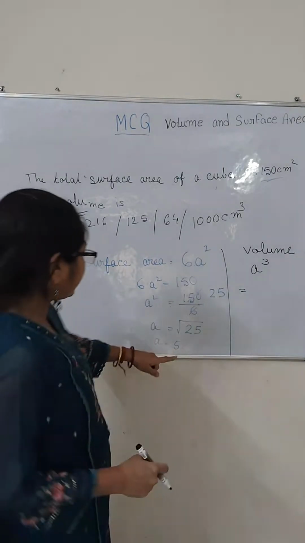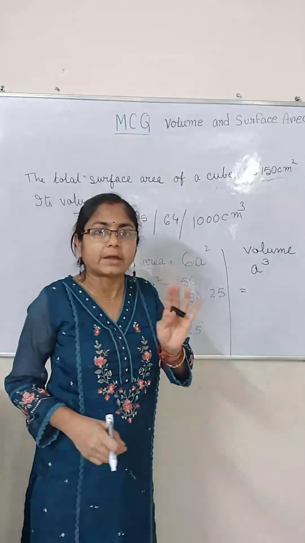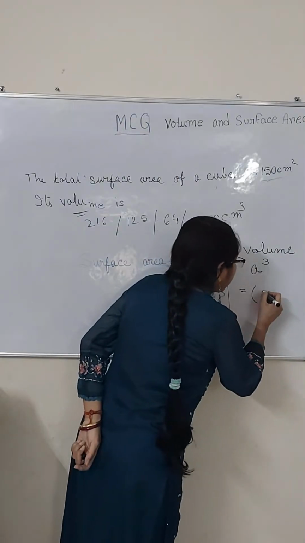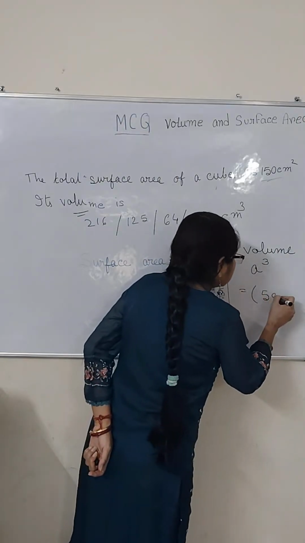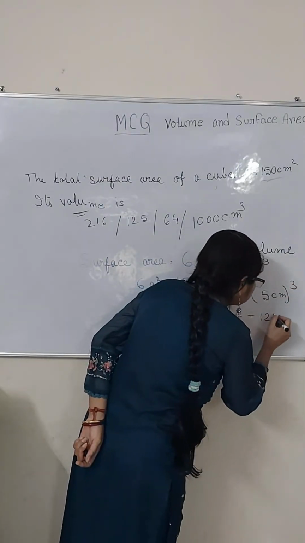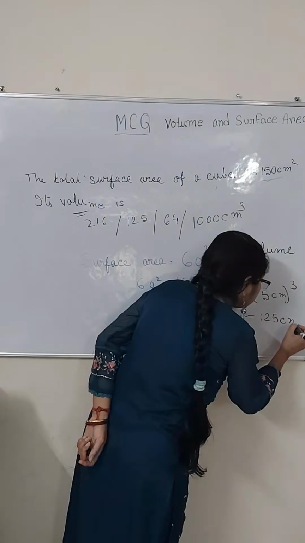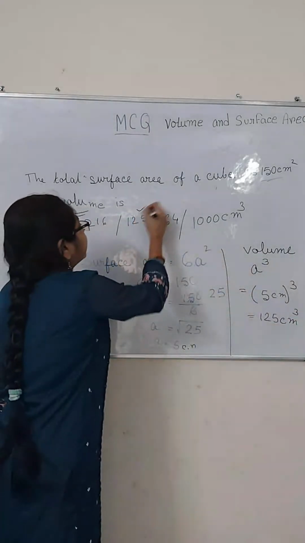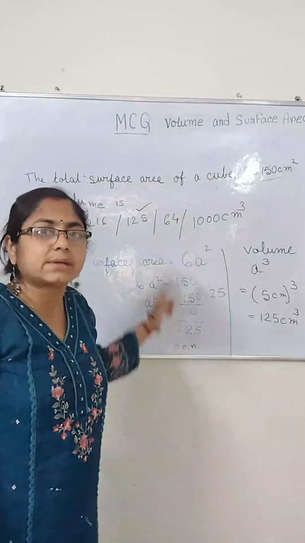What's our a? Our a is 5, means 5 centimeter. So I write 5 centimeter whole cube, means 125 centimeter cube. Is there any option? Yes, the second one is our answer.